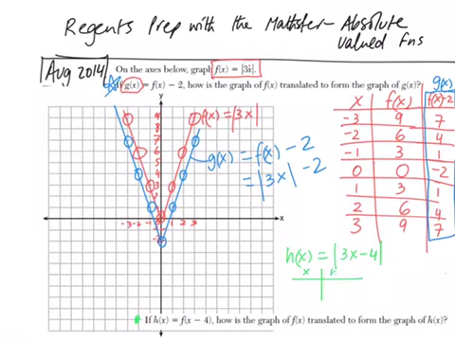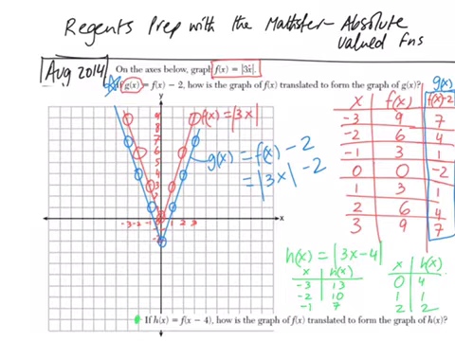So x and h(x). If we did -3, we get 13. If we do -2, we get 10. If we do -1, we get 7. And then I'll put the other values over here. If I do 0, I get 4. Then 1 is 1. Then 2 is 2. So let's plot these.